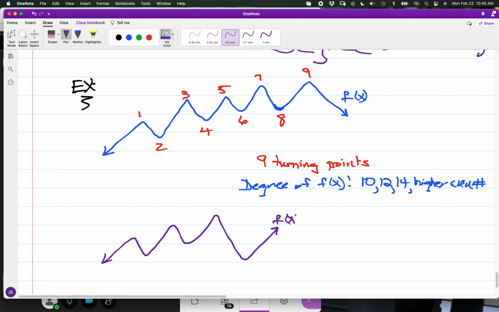Say what we have for this f of x. So your number of relative minima and maxima altogether, here we're going to have 6 turning points.